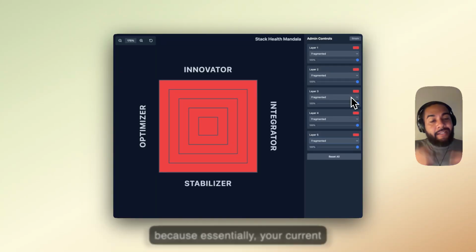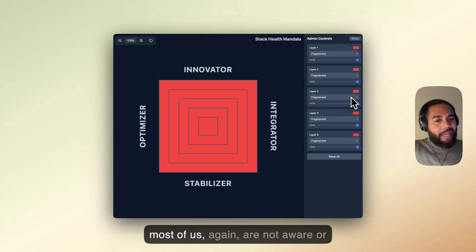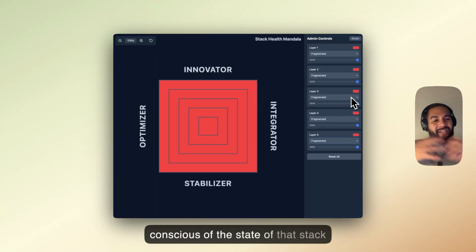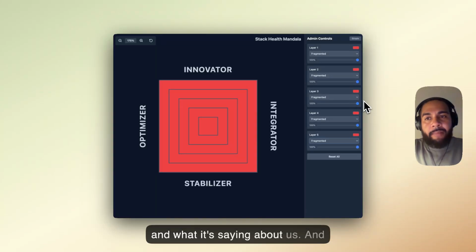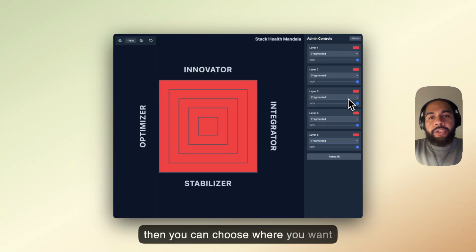Because essentially your current stack is saying a lot about you, but most of us, again, are not aware or conscious of the state of that stack and what it's saying about us. And then you can choose where you want to go.